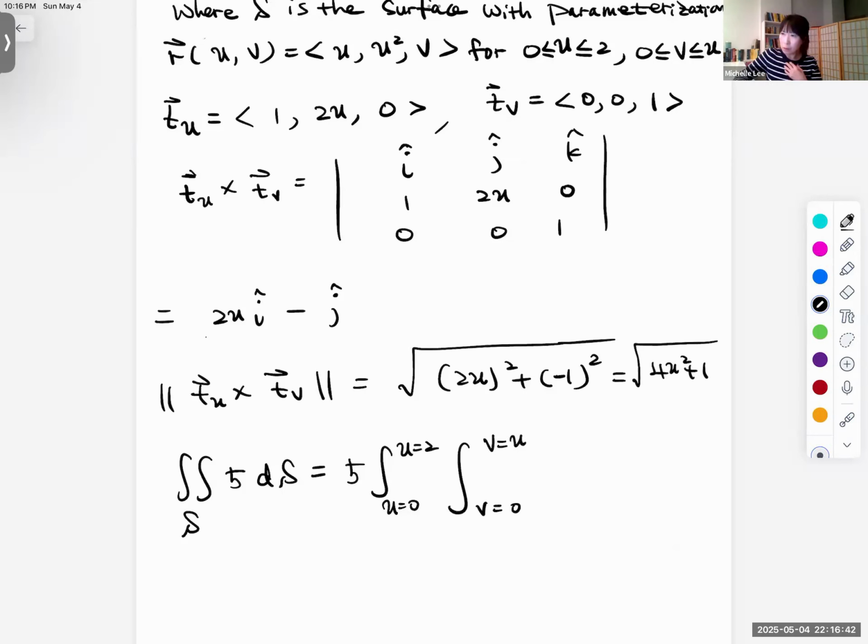Now we have the magnitude of the cross product of the tangent vectors, which is the square root of 4u squared plus 1, du. Sorry, dv du.